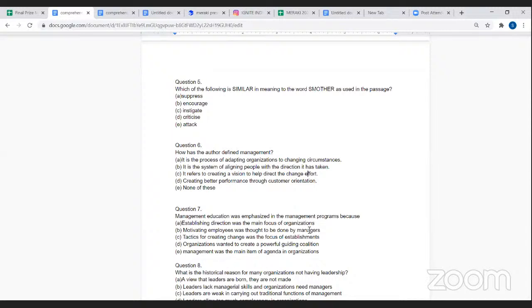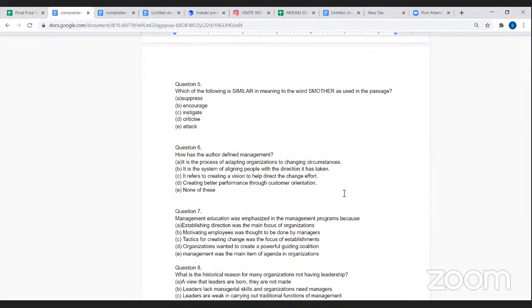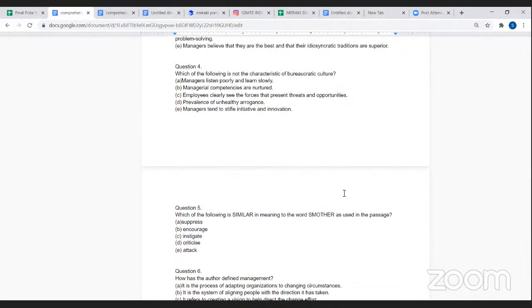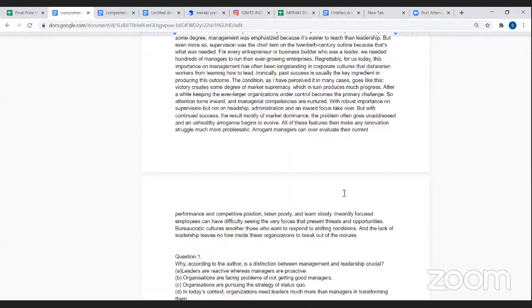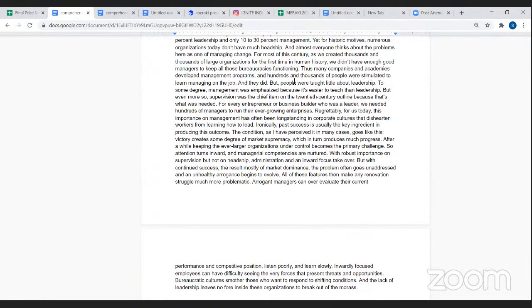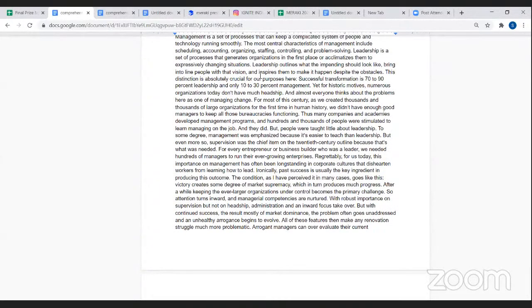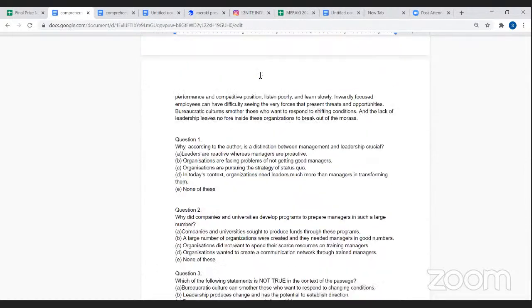Question 7, management education was emphasized in the management programs because... option E, because it was an agenda.